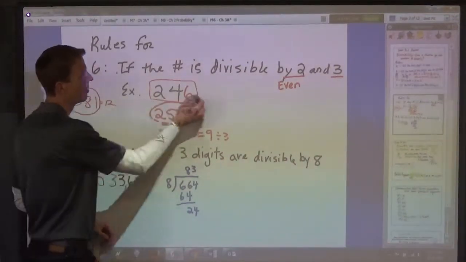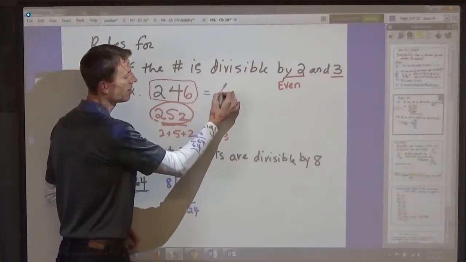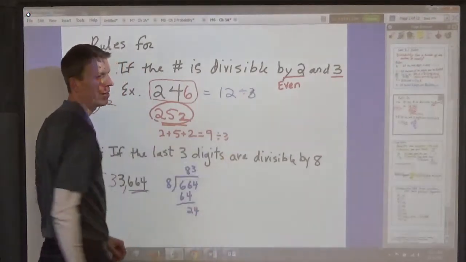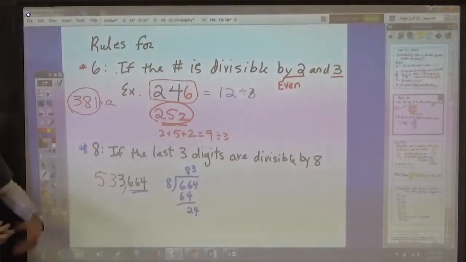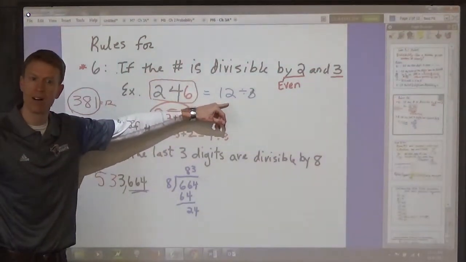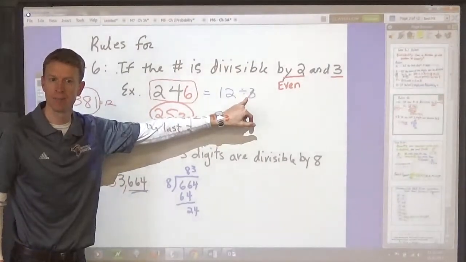Yep, because 2 plus 4 is 6, plus 6 is 12, and 12 is divisible by 3. So rather than saying it's 41, you could say, yes, because the sum of the digits is 12, and 12 is divisible by 3. Okay?